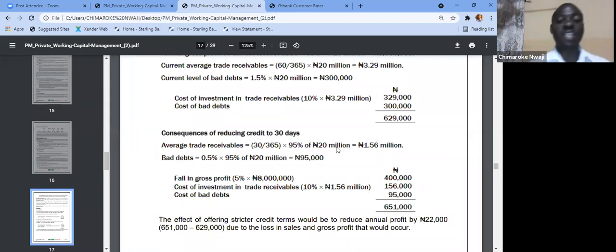So that means that instead of making 20 million, you are having 95% of that, which is 19 million. So 19 million will be your average sales. And looking at 30 days interval, it means your receivables will become 1.56 million for just 30 days.